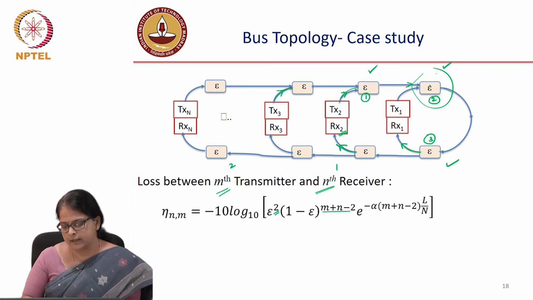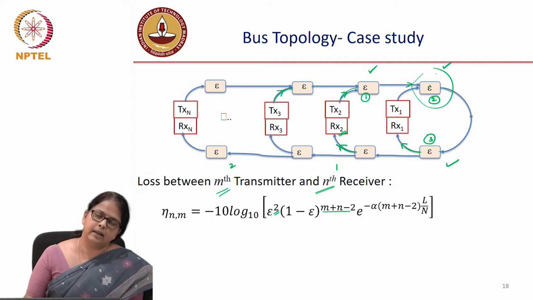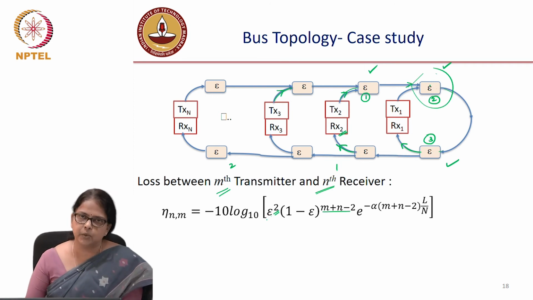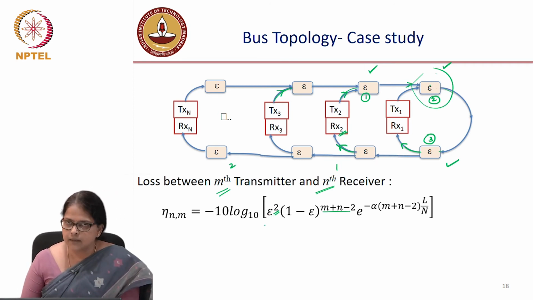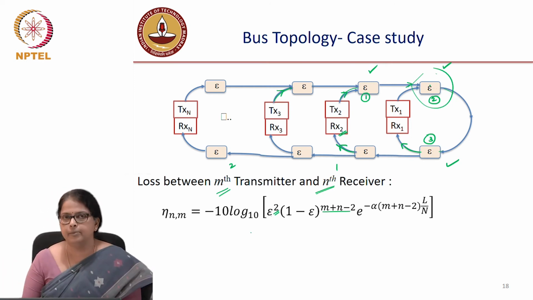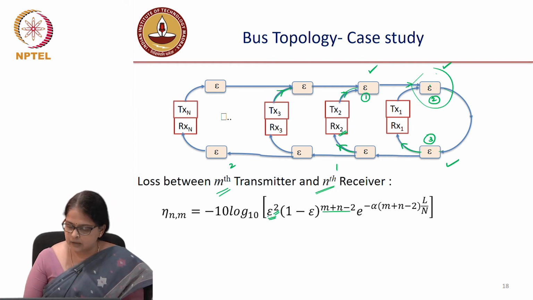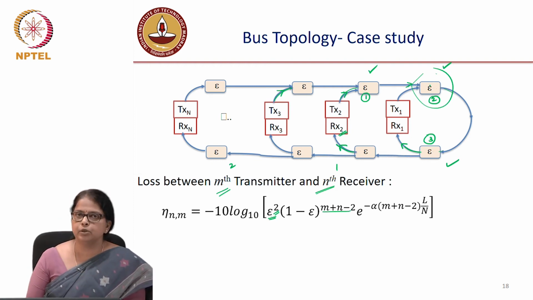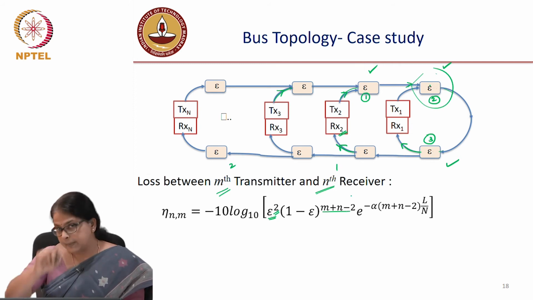So if your coupling ratio is epsilon, you have epsilon squared as the loss because you added and you dropped from the coupler. So that is epsilon squared, and you had m plus n minus 2 bypass couplers, right?